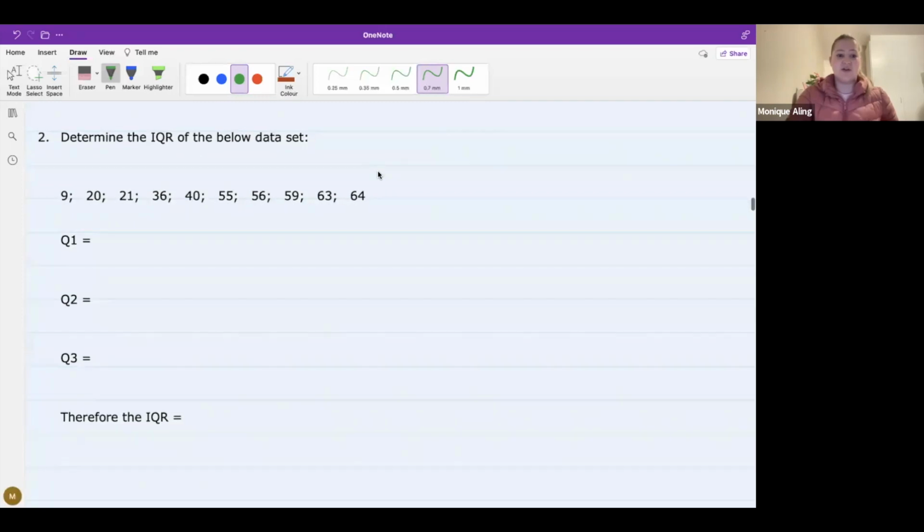Okay, question 2. Determine the IQR of the below data sets.